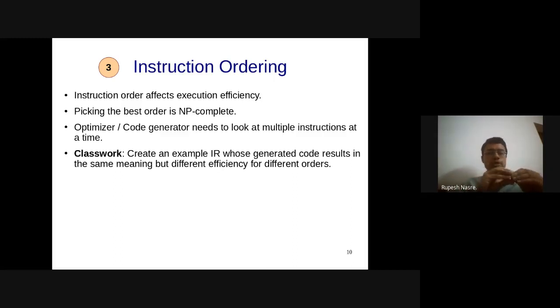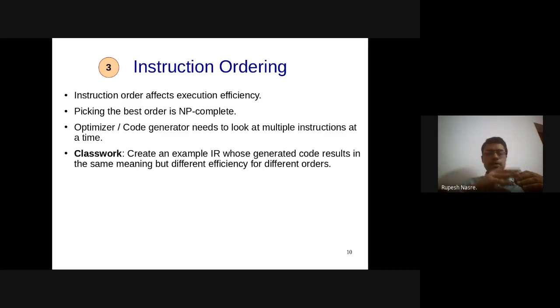Therefore, I need to spill A to memory. Then I move B to the register, use it, and when A's use comes, at that time I can load it from memory and push variable A into the register. In contrast, if I had done something else, say a variable C had been pushed into this register, but C does not have a future use, then I don't need to spill it to memory.